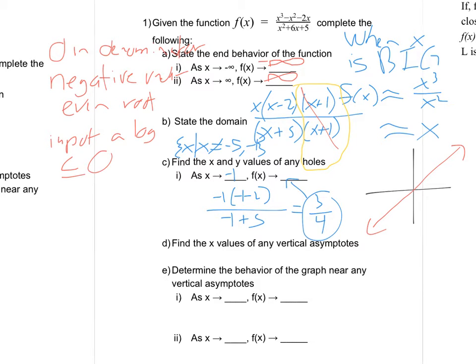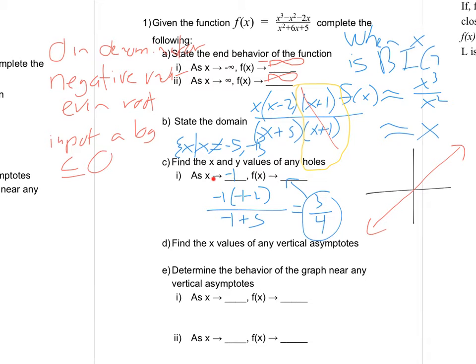And so that's the y value of the hole. And another way to describe that y value of that hole is that as the inputs get close to negative 1, the outputs get closer and closer to 3/4. They never actually reach 3/4 because negative 1, 3/4 is a hole.